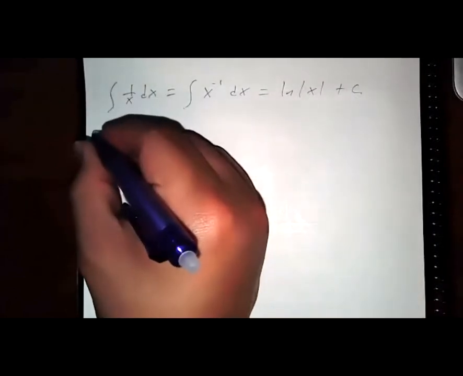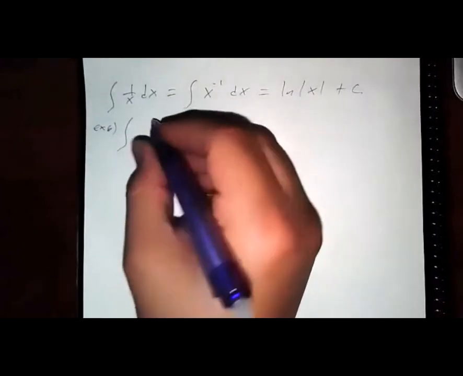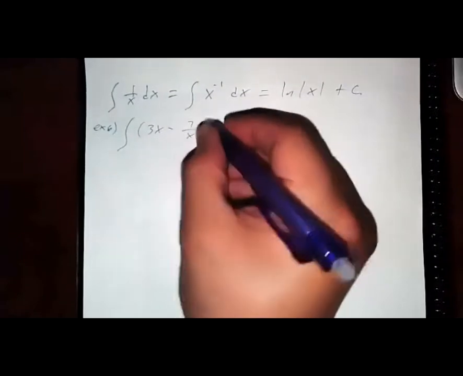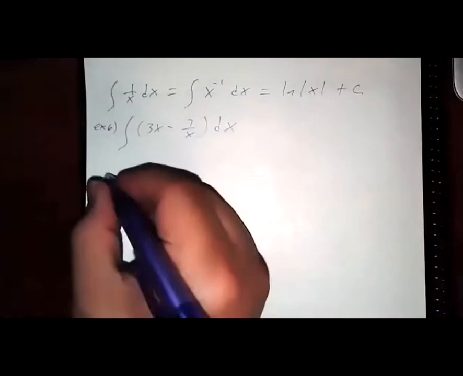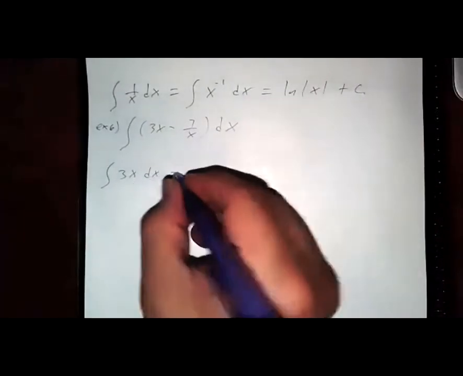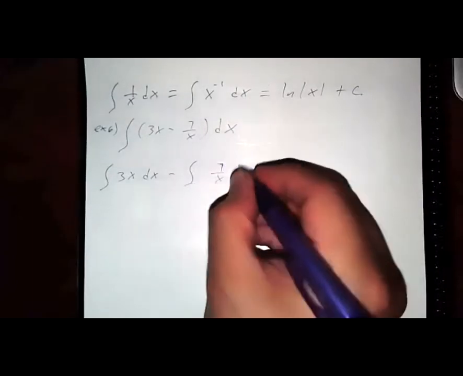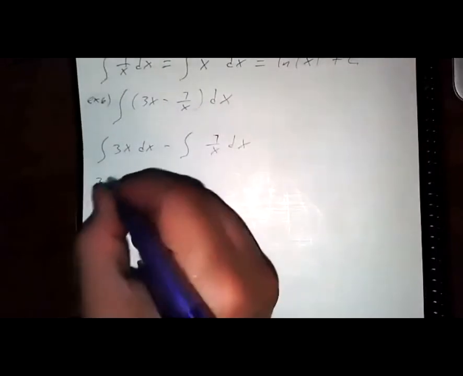So for example, you have the integral of (3x minus 7) over x dx. That integral would be separated first, right? Pull out the numbers in case they bother you.